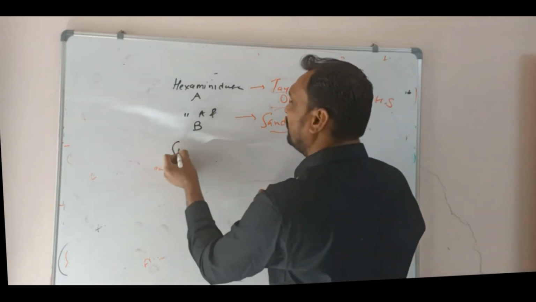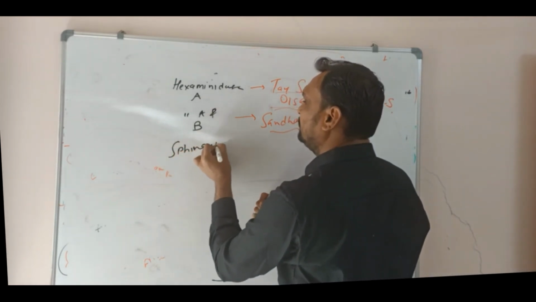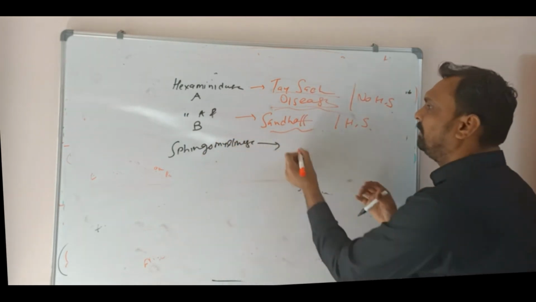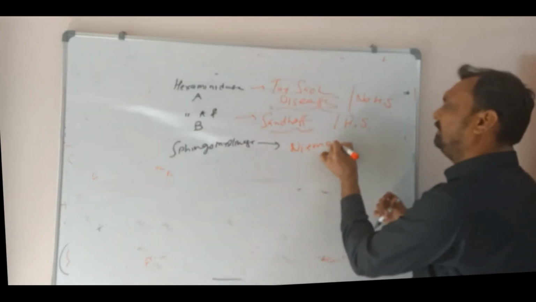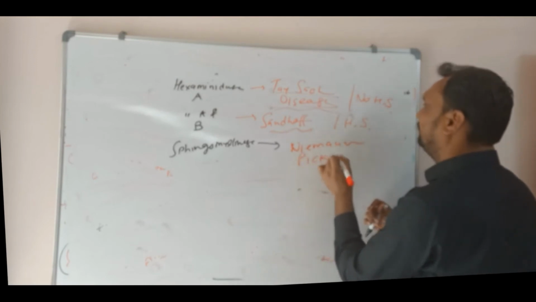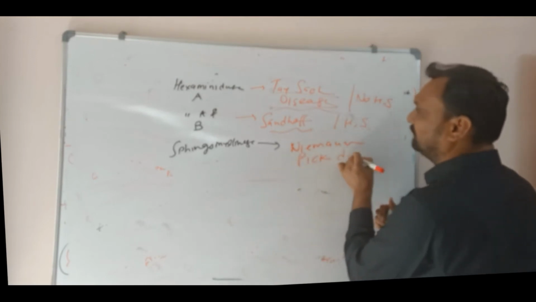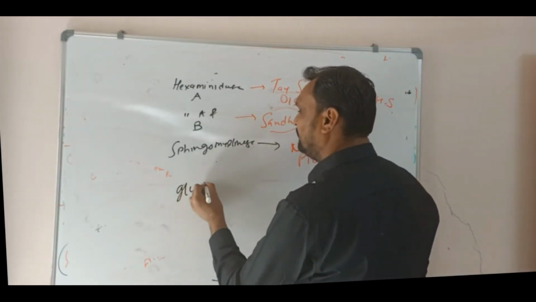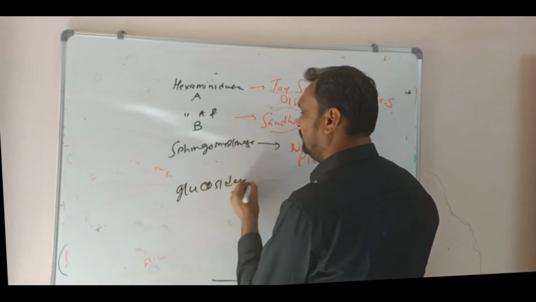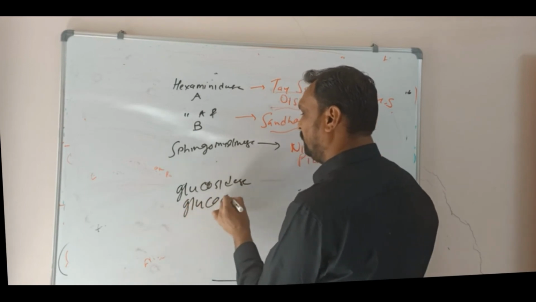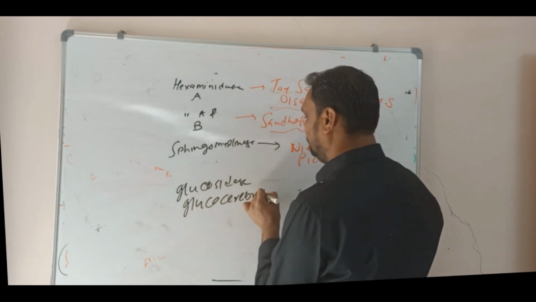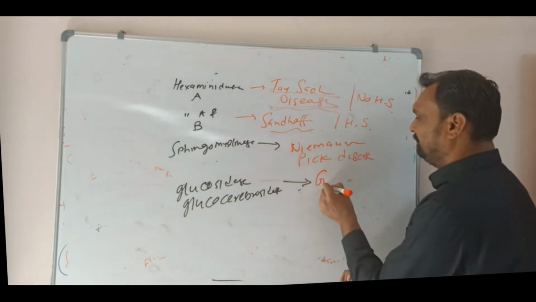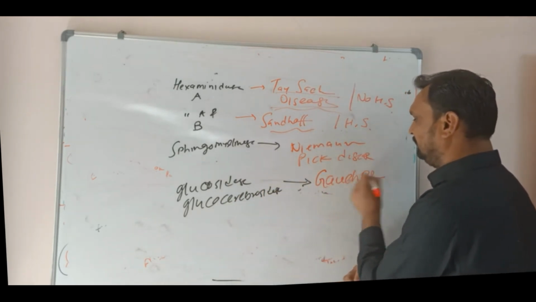Okay, if sphingomyelinase enzyme is deficient, it will lead to Niemann-Pick disease. Here also there will be hepatosplenomegaly and cherry red spot. Okay. Then if glucosidase enzyme, or glucocerebrosidase, that breaks down glucocerebroside to ceramide, is deficient, that will lead to Gaucher disease.